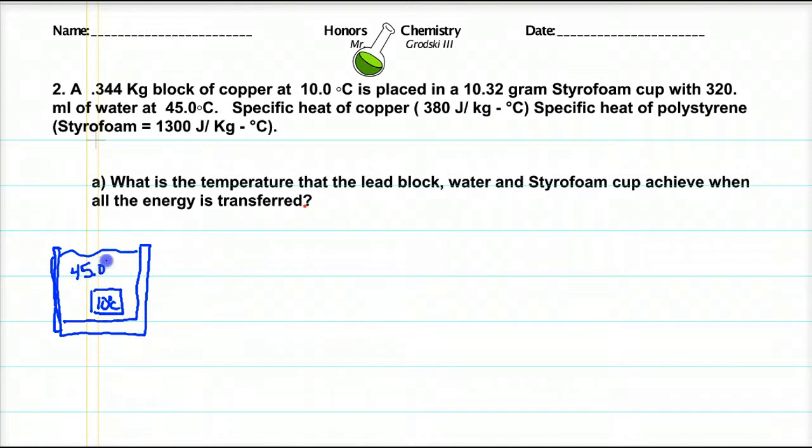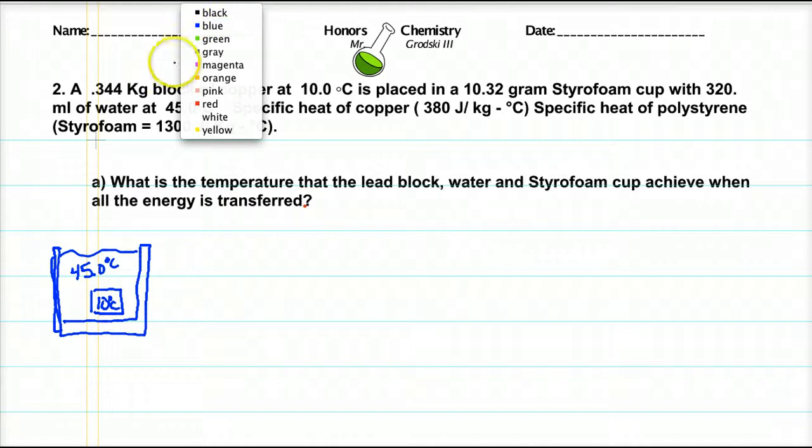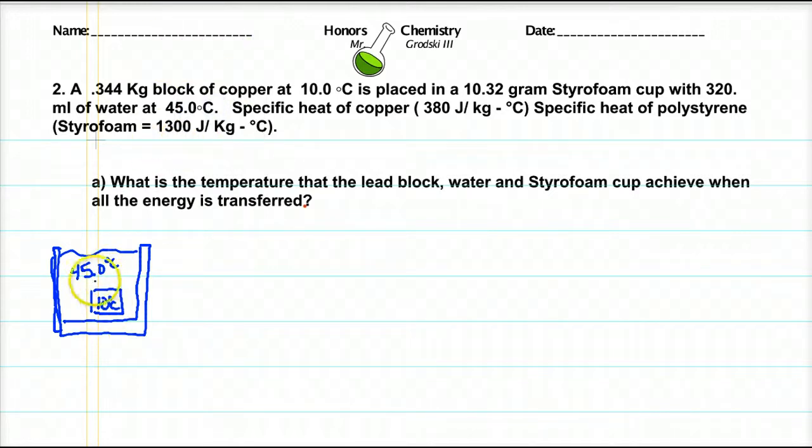45.0 degrees. Okay, so clearly we are going to have a flow of heat, and I'll use the red for the heat, and heat flows from hot to cold, and we're going to have energy flowing from the water to the block. But we're also going to have flow of heat from the styrofoam cup to the block, or the styrofoam into the water.